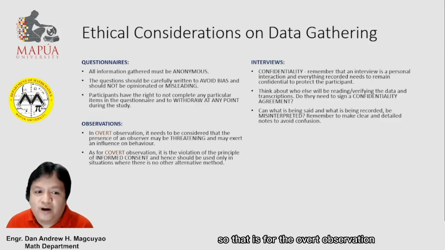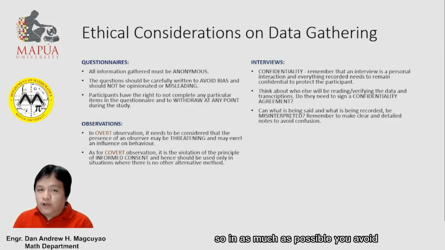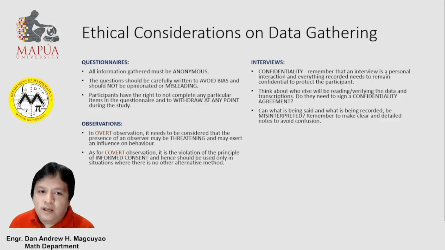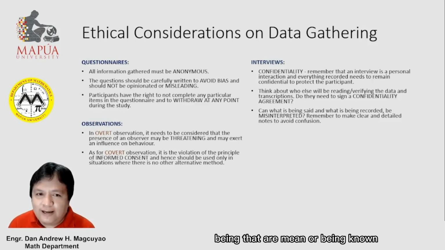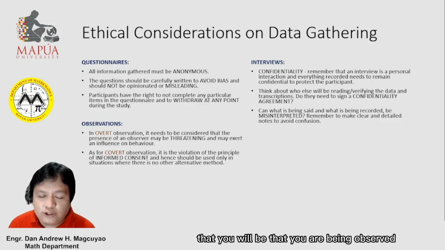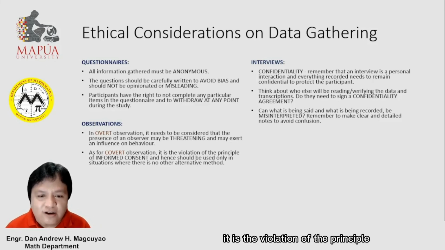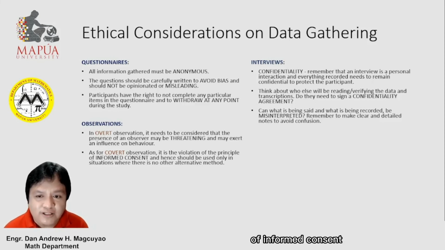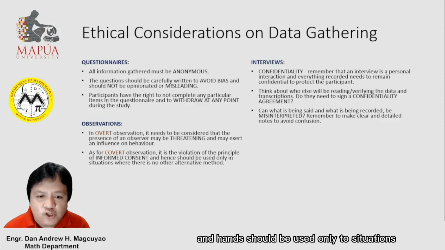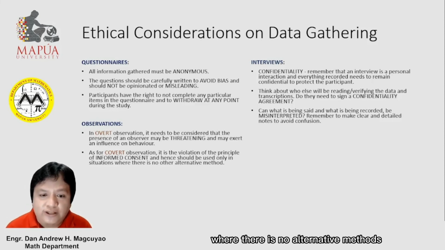So that is for the overt observation. So as much as possible, you avoid participants knowing that they are being observed. While for covert observation, it is a violation of the principle of informed consent and hence should be used only in situations where there are no alternative methods.